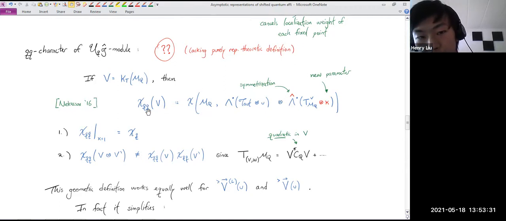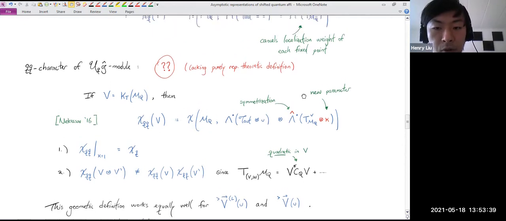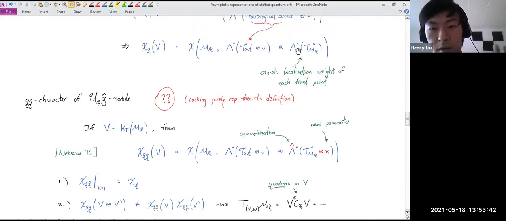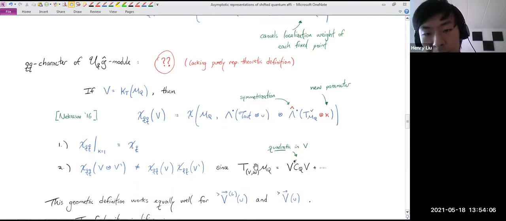But now here in the QQ character, we've introduced this factor which contains the tangent bundle. And unlike for Q characters where that factor just cancels out completely when you localize, the presence of this new parameter means that the actual expression for a QQ character really non-trivially contains this tangent sheaf, all the tangent characters of the fixed points. And the tangent character is quadratic in the quiver representation.